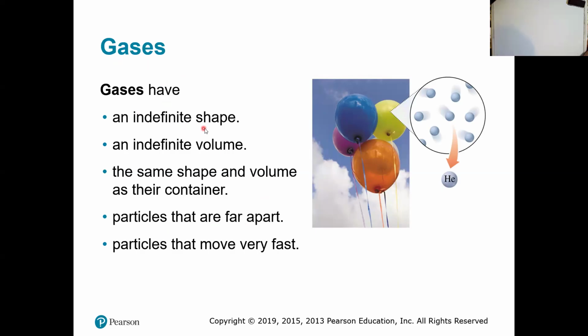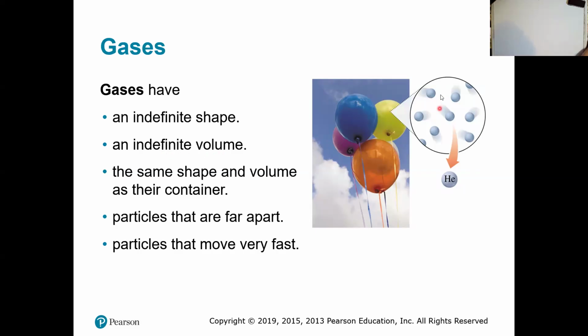Gases have an indefinite shape, meaning that they are not locked into any shape at all. They'll take whatever shape their container has. Gases also have an indefinite volume, meaning their volume can change.